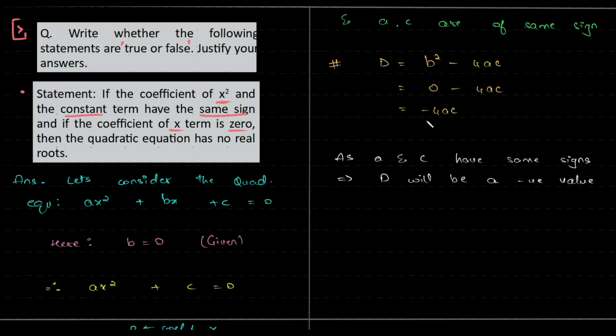Is it not? Whatever you do, this will be a negative value. This in turn implies, therefore, the roots are not real. And that's what the question is. Hence, statement is true.